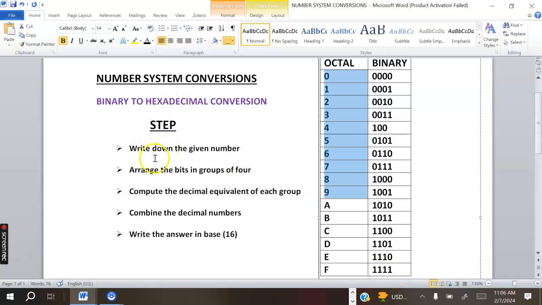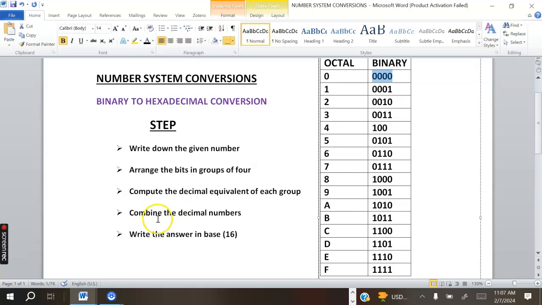These are the steps that you take whenever you want to convert a binary to a hexadecimal number. It's a very simple step. As long as you follow it, you will get your answer correct. Number 1, you write down the number, then you arrange the bits in groups of 4. Just as you can see, the binaries are in groups of 4. Then step number 3, you compute the decimal equivalent of each group.